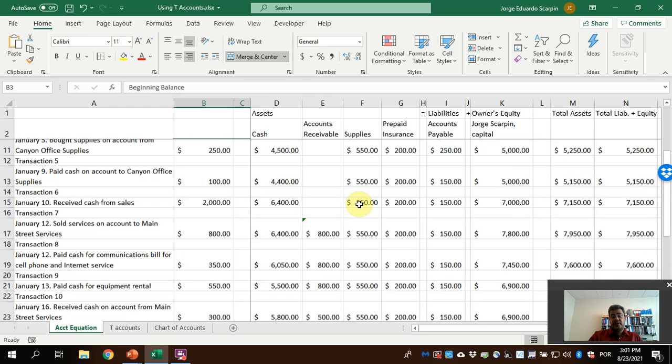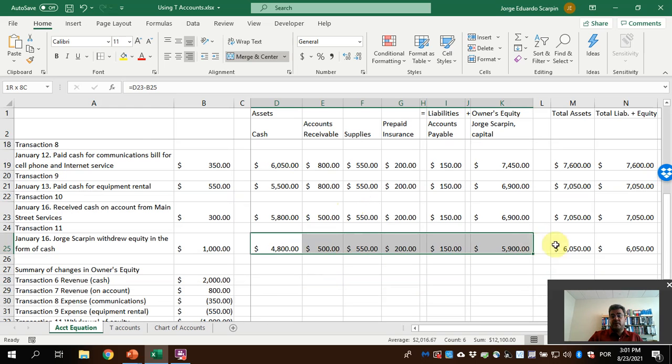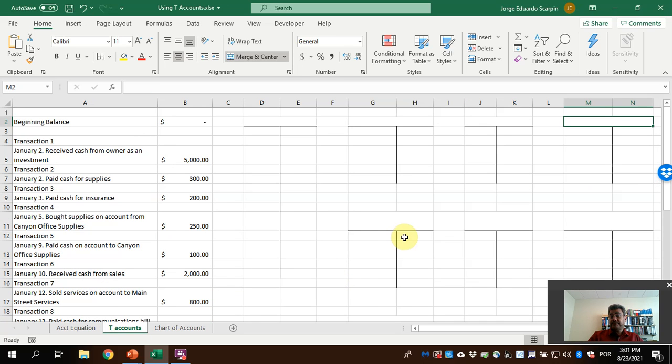It's very good for us to find this ending balance, because the ending balance working with the accounting equation must match the ending balance of the T accounts. So let's assume, first of all, no beginning balance. All of our beginning balances are nothing.